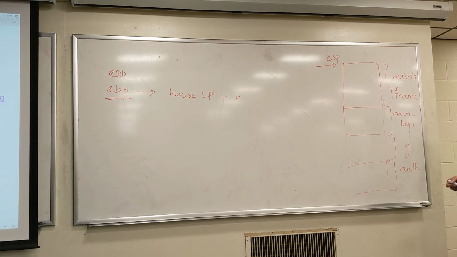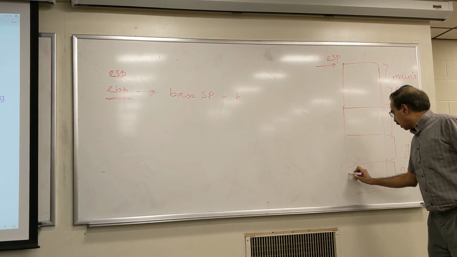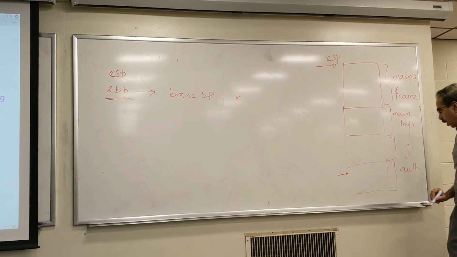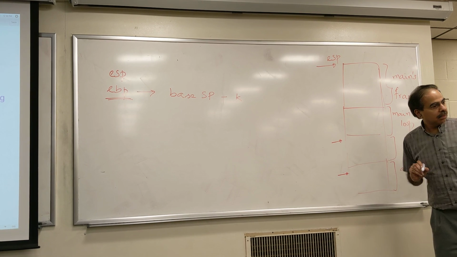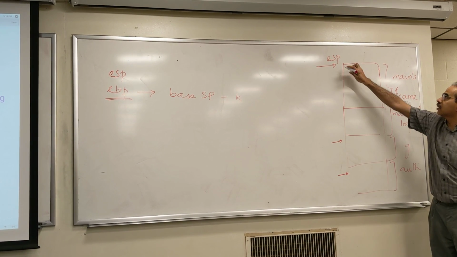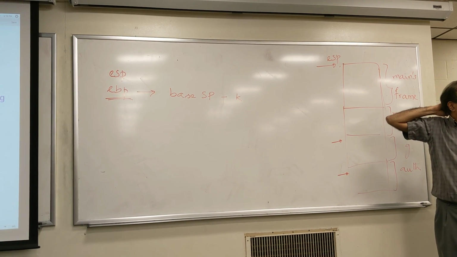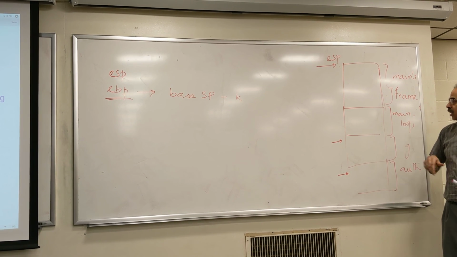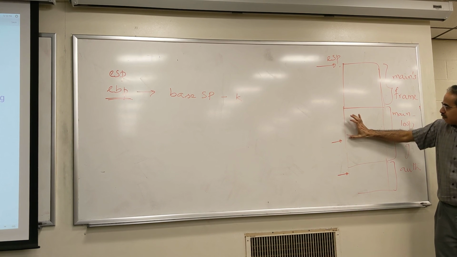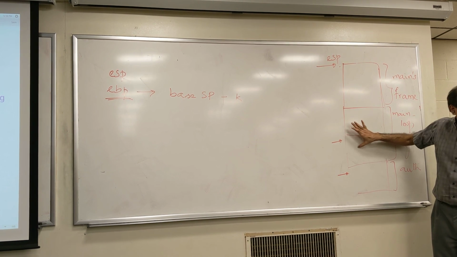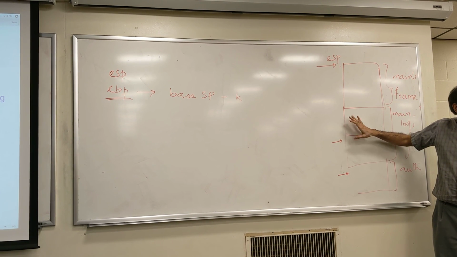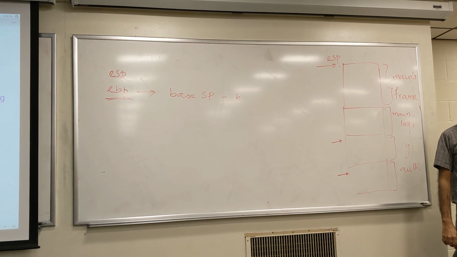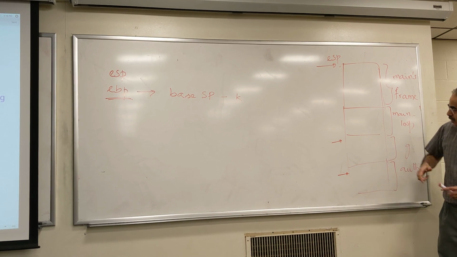So let's say you are interested in knowing what the EBP is out here or out here. It's going to be some constant from the starting ESP. So what we are going to do is figure out this offset, and using this offset, we'll be able to figure out exactly what the starting ESP was.